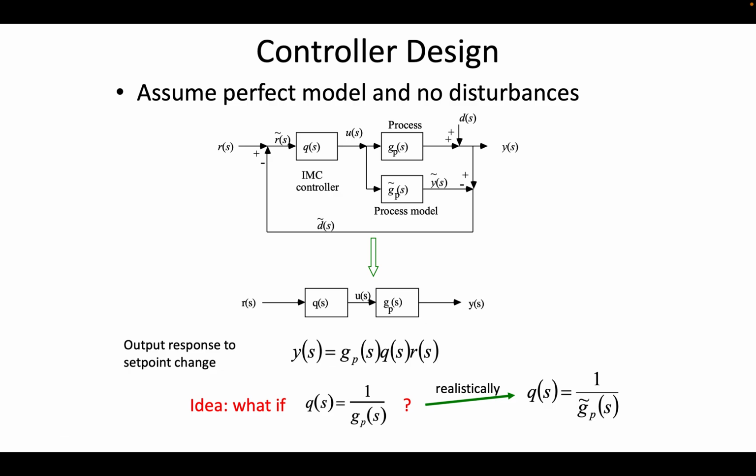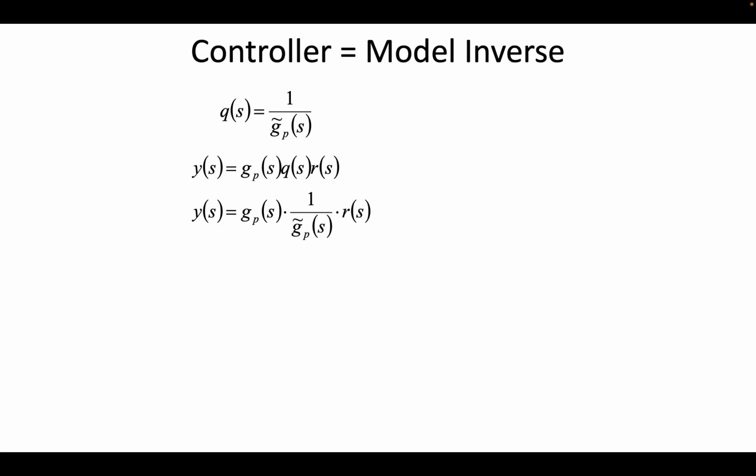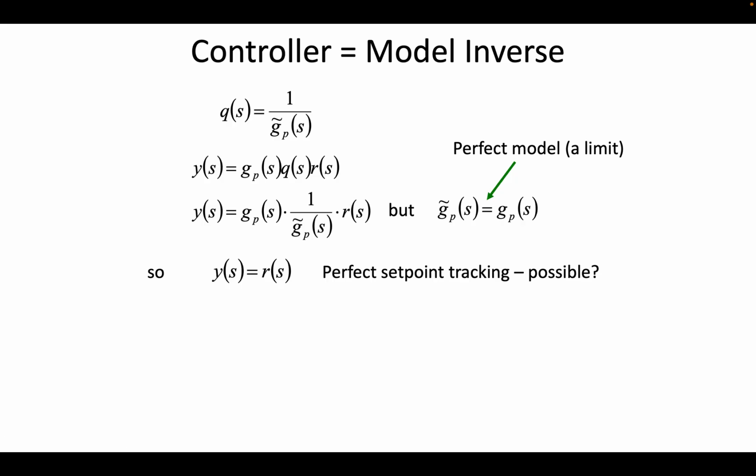Now realistically, again, the controller has to be based on the model, which is GP squiggle, but again, we've assumed the limit that you have a perfect model, and so therefore GP squiggle and GP are equal to each other. All right, so in this scenario, the controller is the model inverse that I'm showing here. And so as you march through this step by step and assume that you have a perfect model, this means that indeed you could possibly track that set point perfectly.